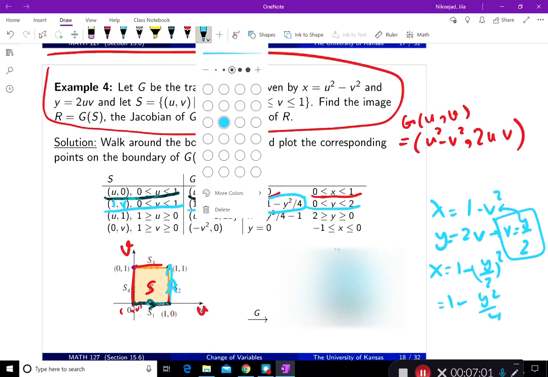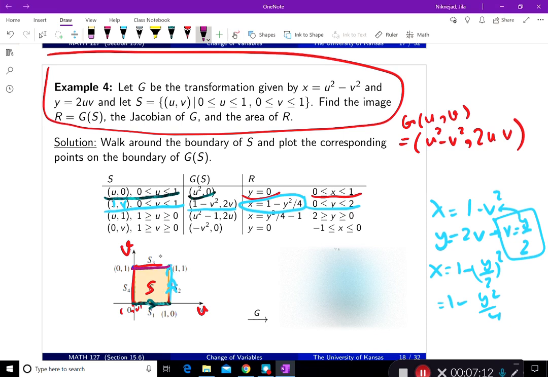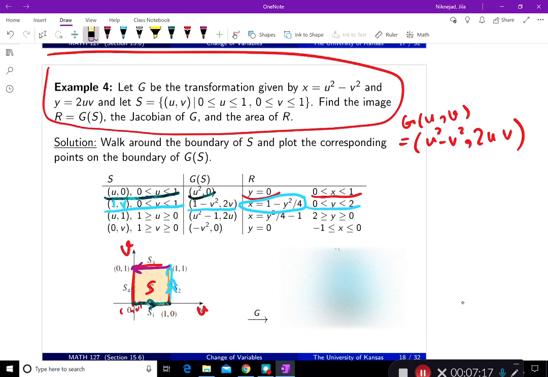Now, let's do one more boundary. Let's go over this one. This boundary, the purple one, is where v is equal to 1, and u runs from 0 to 1, but in the direction that I'm saying, it is in the opposite direction.